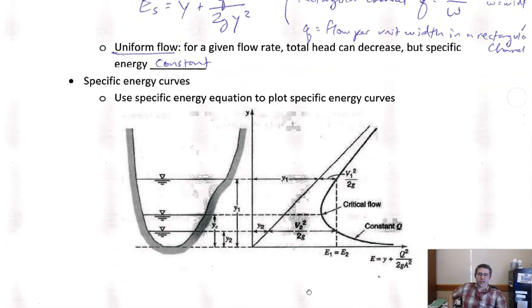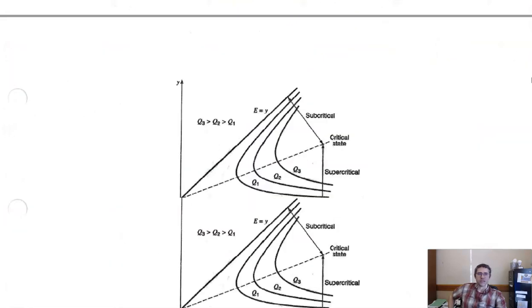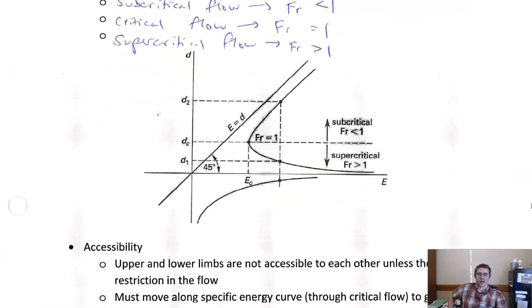And so it turns out that for a given specific energy, there aren't just 2 solutions to this equation, there are 3. And you can see down here that that's the case. For a given specific energy, you've got the subcritical flow solution, the supercritical flow solution, and the negative depth solution.